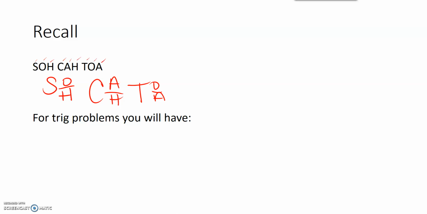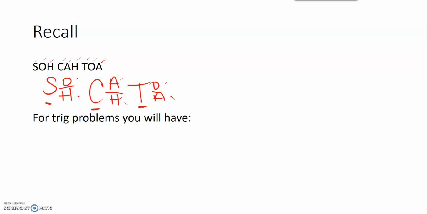That works as well, as long as you're remembering how the letters relate. So sine is the opposite over the hypotenuse. Okay, opposite in relation to the angle that you're talking about. Cosine is the adjacent side over the hypotenuse, again in relation to the angle you're talking about. And then tangent is the opposite side over the adjacent side.